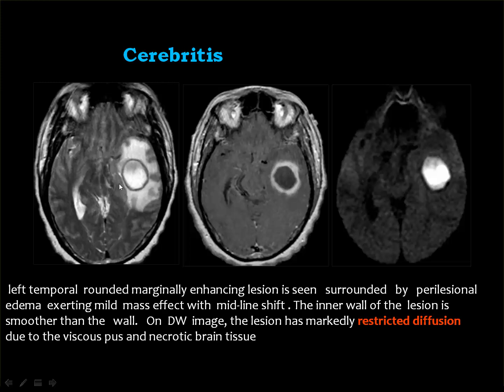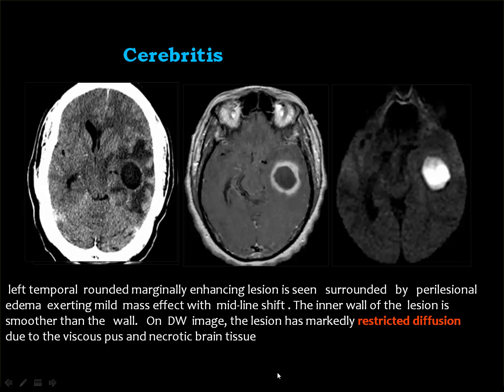This is not the case for tumors. The abscess has a low signal wall, and it can be clearly identified because of the fluid inside and the edema outside. But the wall of the tumor is not of low signal in the T2 weighted image.